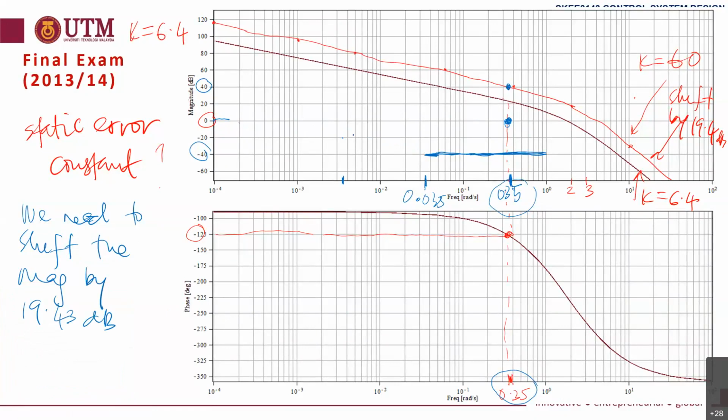Difficult to draw a line here. Anyway, it should be straight, minus 20 dB per decade.